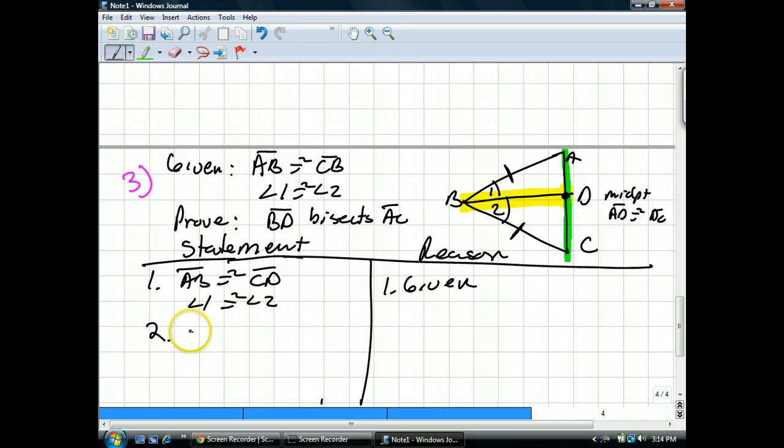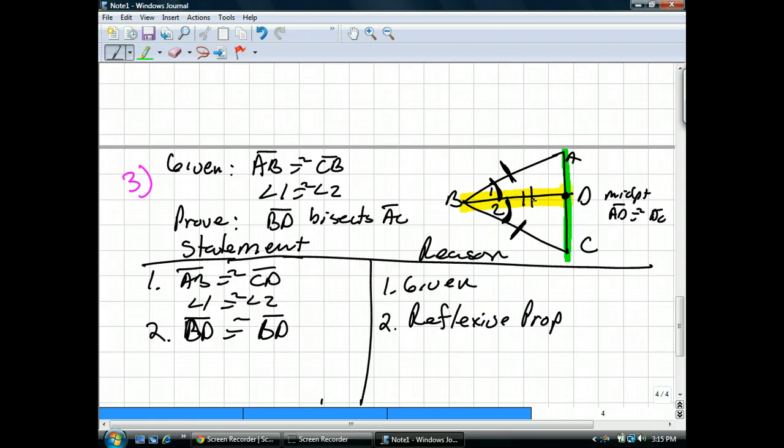Then we said, well, we could say that BD is congruent to BD, and that is by reflexive property. So now I have this side congruent to this side, this angle congruent to this angle, and that side congruent to itself.